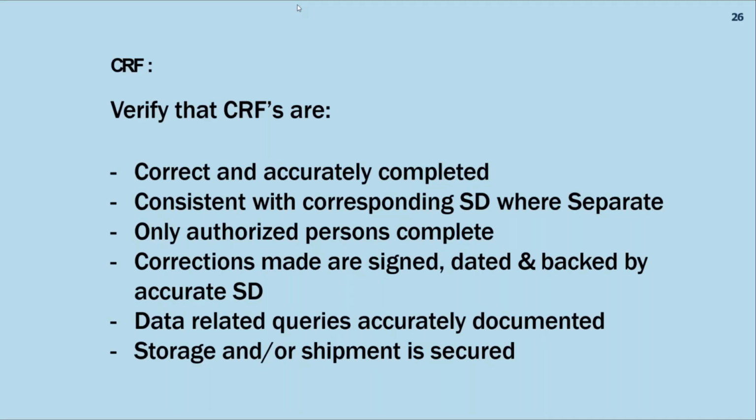In case it is paper, what happens? If it is paper, what we do, we'll just strike that value. Whatever the value that you're modifying, you'll just draw a single line across the value. Very near, in the space beside it, we will enter the new value.